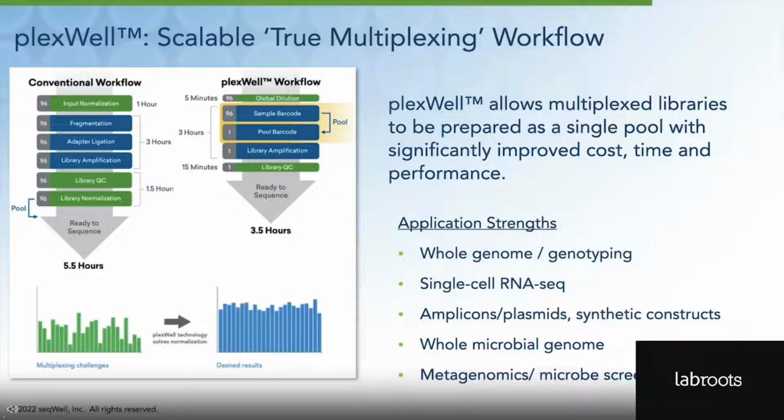With our methods using TN5 transposase, we've gotten that down to right now 3.5 or fewer hours to do that full plate of samples, while creating extra bonus features like the normalization we talked about. And these have a wide range of applications, everything from whole genome sequencing, low pass genotyping, microbial and metagenomic sequencing, and even single cell RNA-seq.